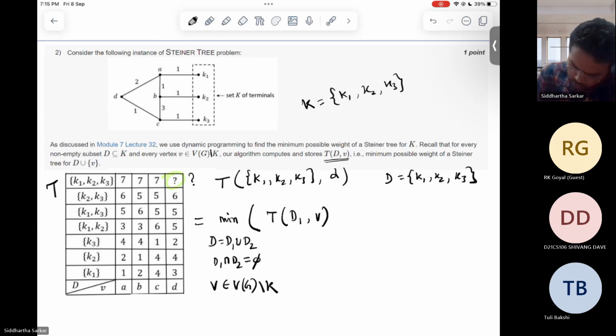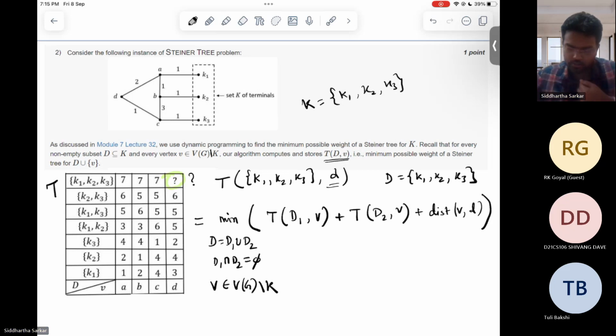So you take V among the non-terminals, plus T of D2 comma V, plus the shortest path distance between V and, in this case, D. Okay, so this is the recurrence. Right, let me verify it once to check I'm reading the right thing.